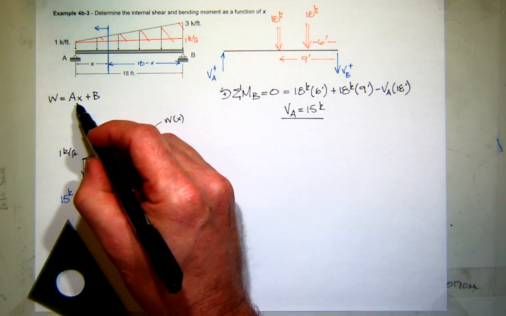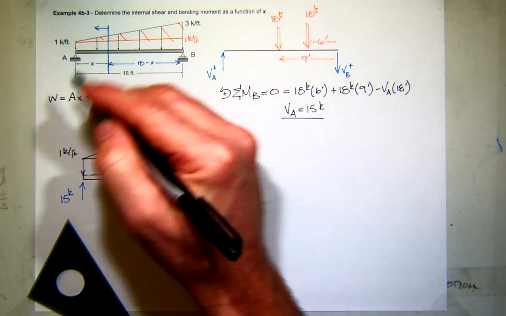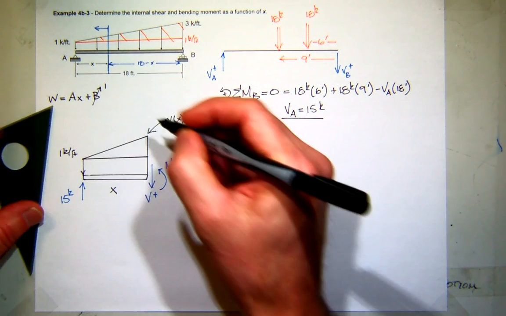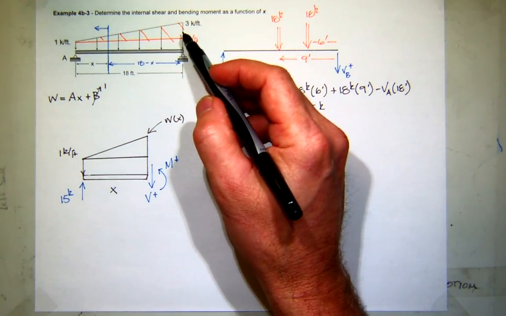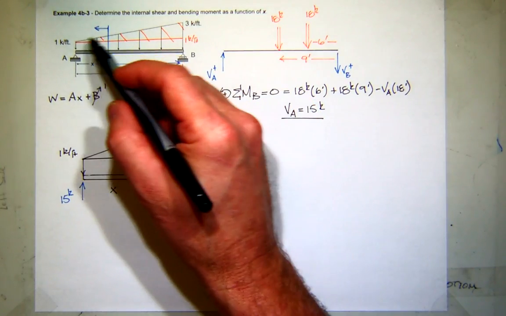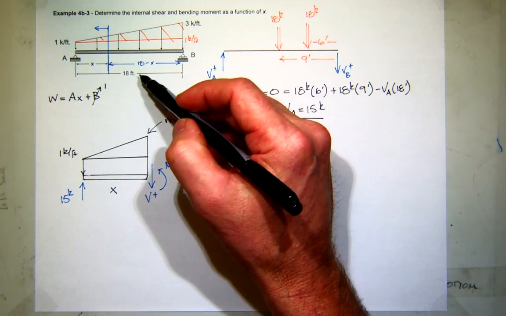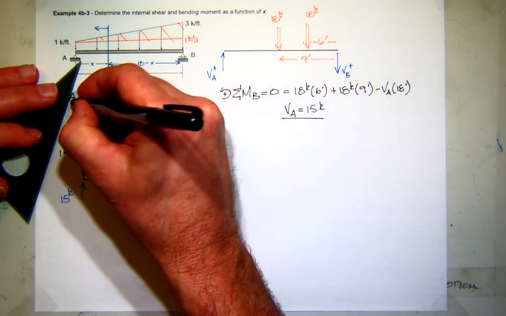So at x equals 0, which is right here, what's the intercept value? 1. So that means that B is going to be equal to 1. What's the slope of this line? Rise over run. Well, the rise is it goes from 1 to 3, so that's a rise of 2 over a run of 18. 2 over 18 is a ninth.